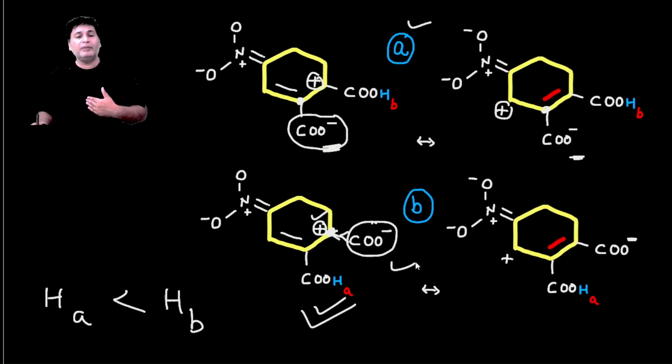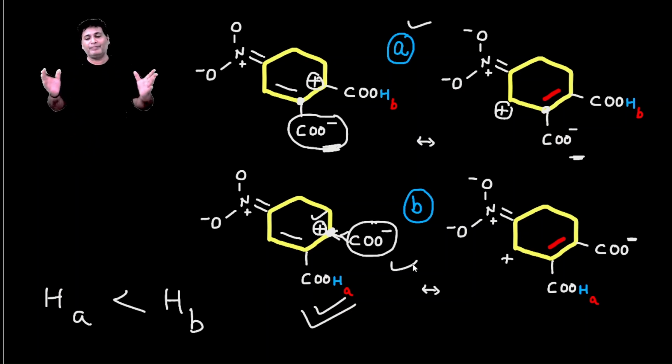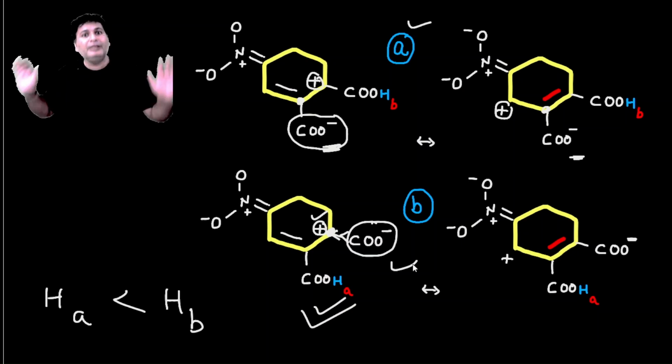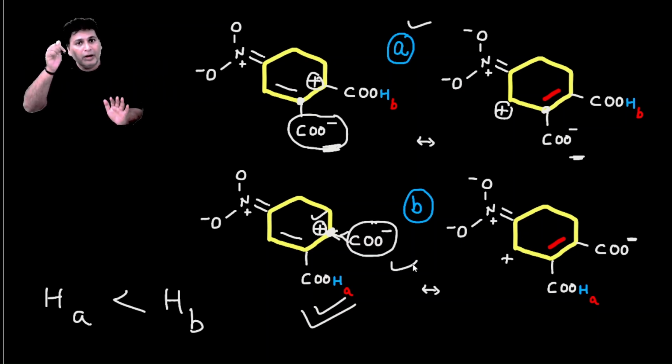Because hydrogen B removal is taken better care of because of the stronger minus M effect of NO2 in comparison to A. And that is how I always keep telling you to think very critically about the fundamentals behind the question, and you will arrive at some stage, a structure or two, where you can have proper reasoning, a proper platform to answer the question.